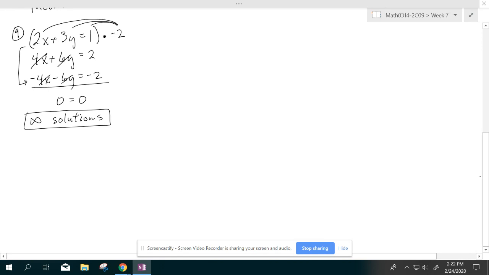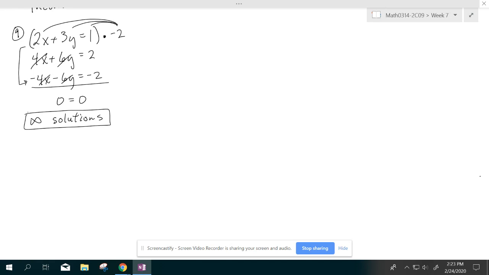And what does that mean about the graph? If I were to graph those two lines, what does that mean about the graph? Right, and so if I graph those, I will only see one line because they actually lay on top of each other. Y'all understand that? If I graph, I'm not going to see two different lines because they're the same line.